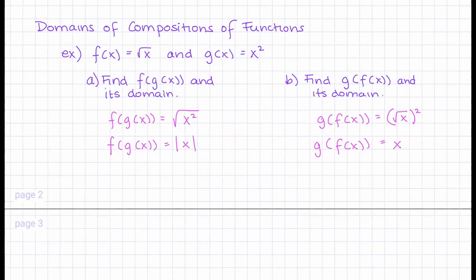So that means whatever is inside has to be greater than or equal to 0. But wait a minute. Think about that. It's being squared. If you square any number, you're going to get a positive number or 0. You're already greater than or equal to 0. So that actually is all real numbers.